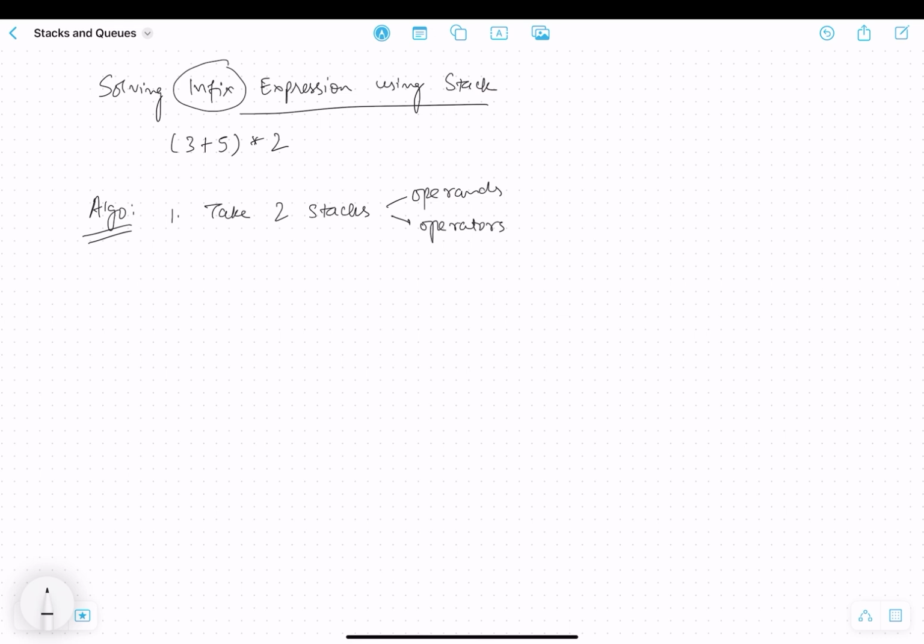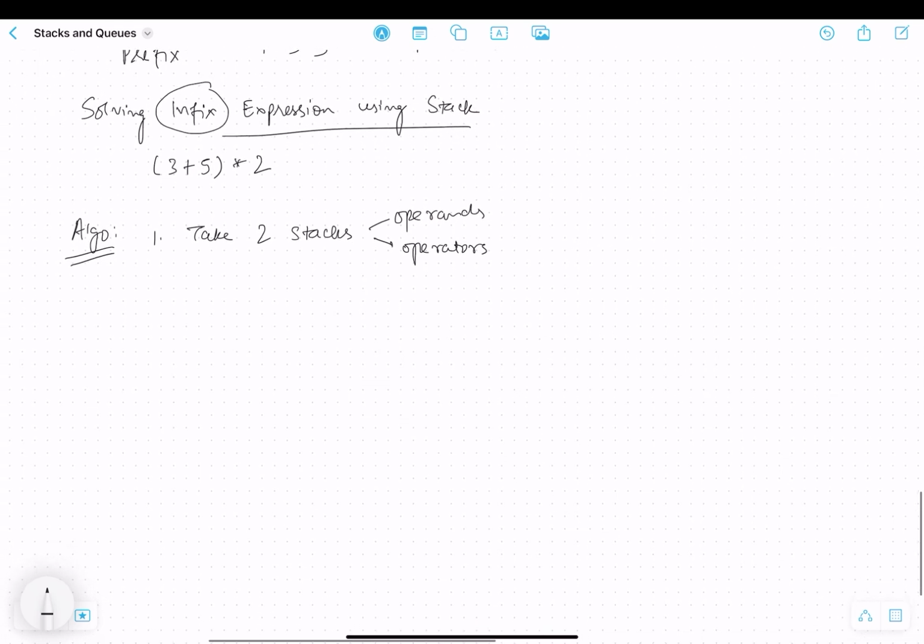If you get an operand, push it into its corresponding stack.